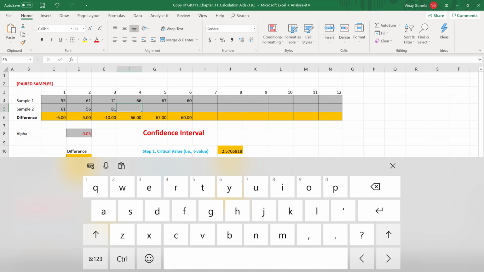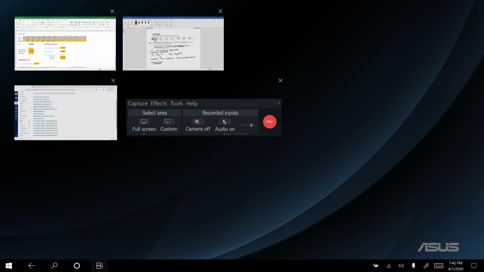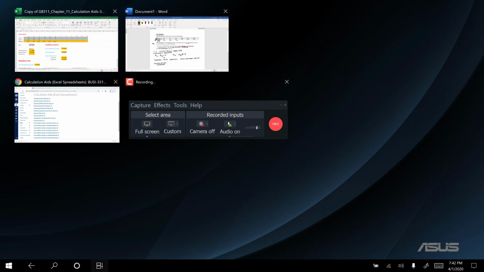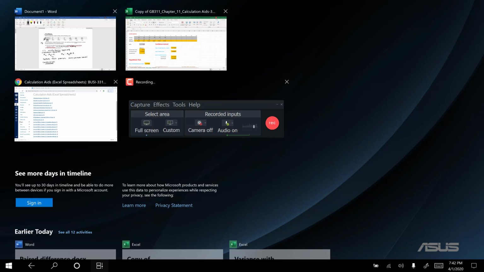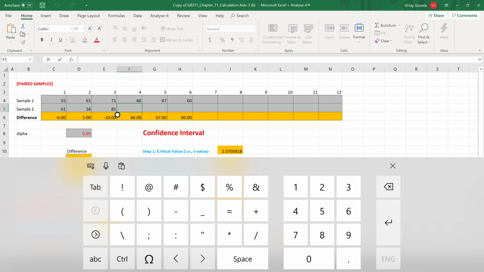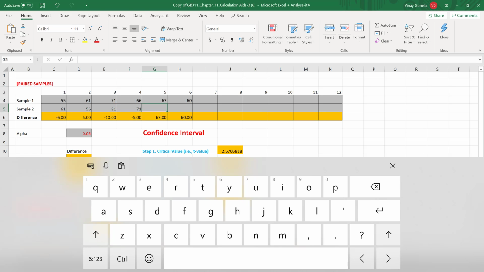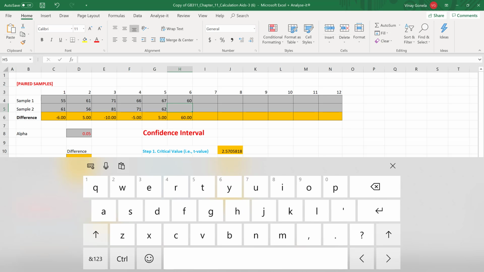And then the next numbers are 71, 71, 62, and then again 62.